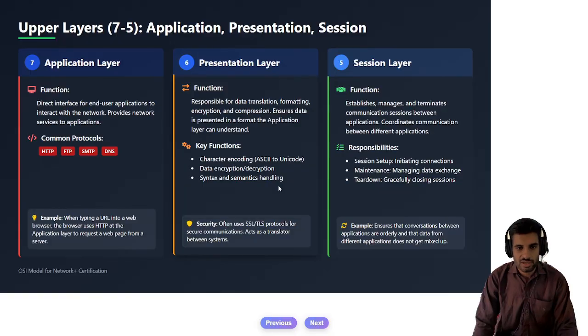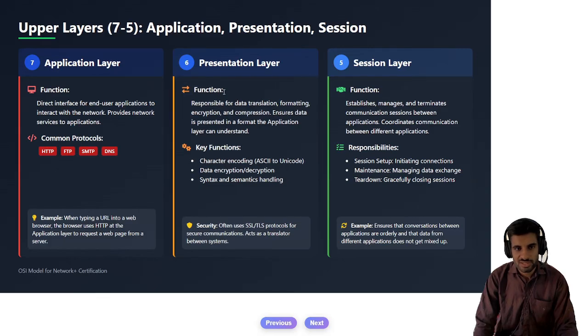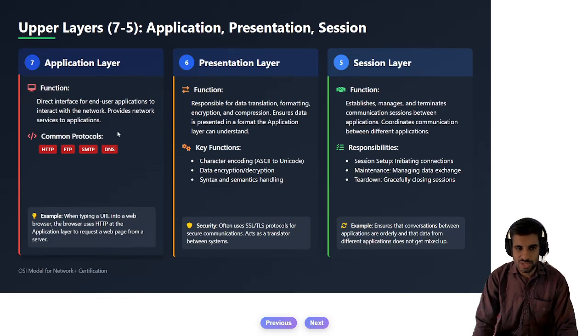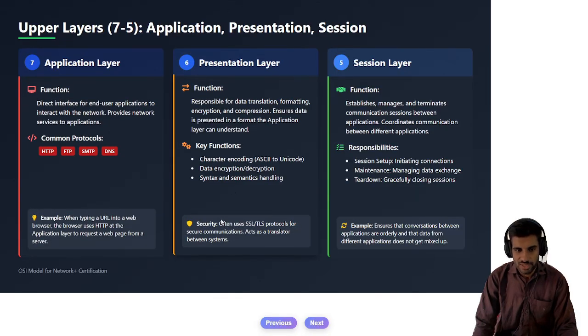Like on the back end we get the code, and the presentation layer helps us to be able to see that code on the application layer as a good UI. It often uses SSL and TLS protocols for secure communication, and also acts as a translator between systems.